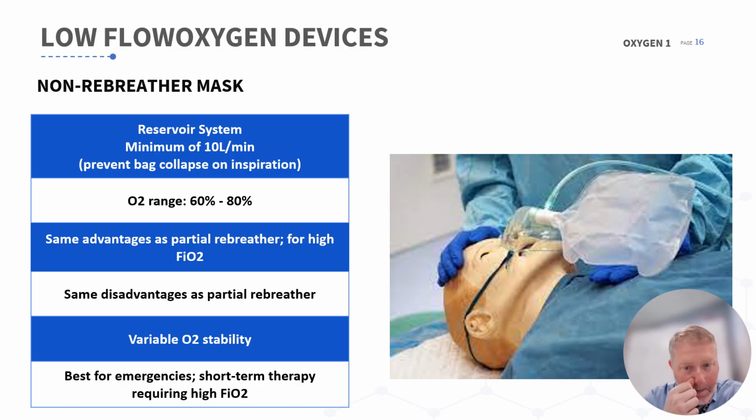The FiO2 range for a non-rebreather is 60 to 80%. How many of you raised your hand for non-rebreather, 100%? You'll hear that all the time in the ER, from doctors, from nurses: put them on a non-rebreather, 100%. A non-rebreather mask does not deliver 100% oxygen.